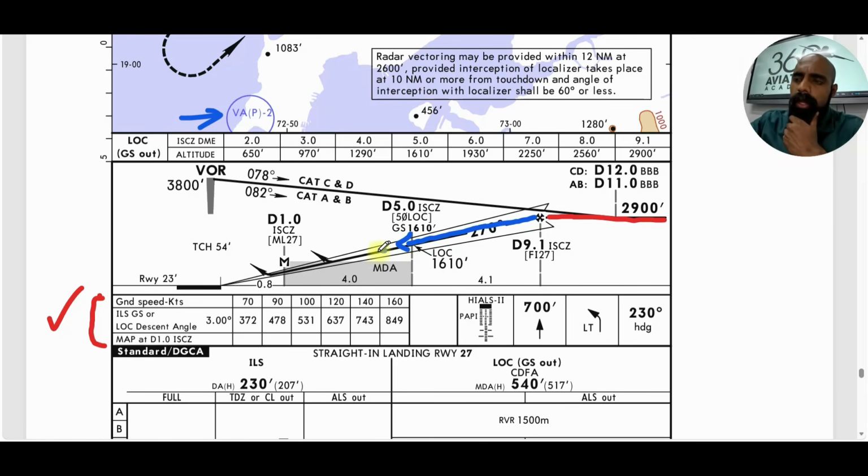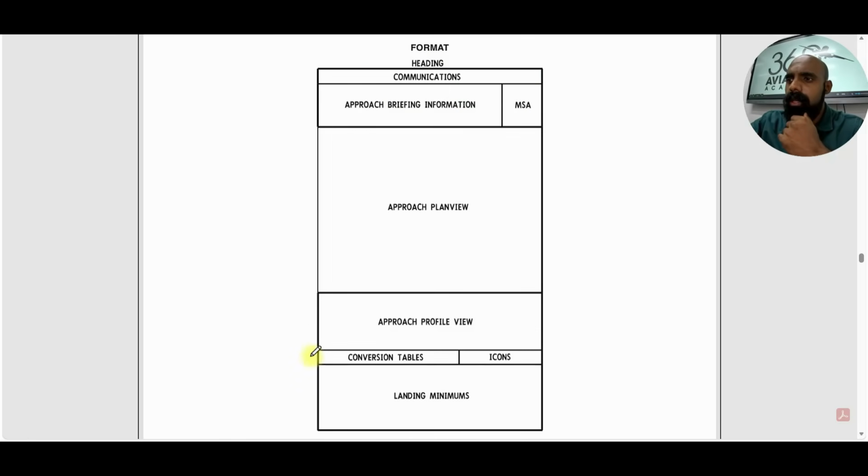So you would have to know what rate of descent you have to maintain. Let's say you're flying at 140 knots, and in that case, your rate of descent would be at least 743 feet per minute, provided you're flying a 3-degree descent. So that is that information that they are portraying over here. Okay, and this is called your conversion tables right over here.